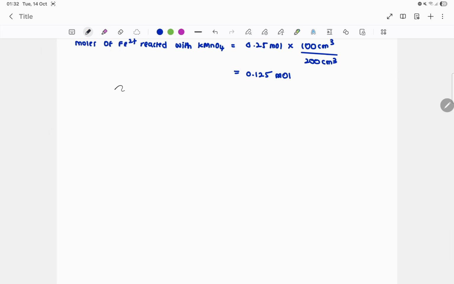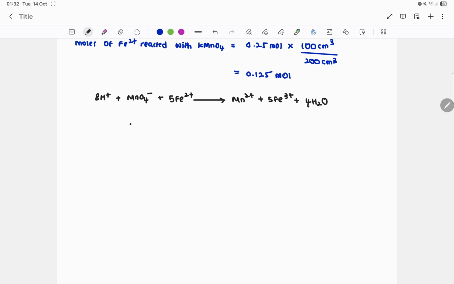Then you can form the redox reaction: 8H+ plus MnO4- plus 5Fe2+ gives Mn2+ plus 5Fe3+ plus 4H2O.